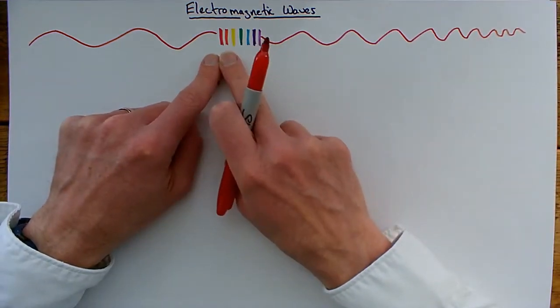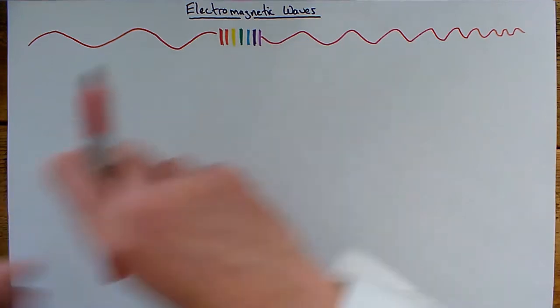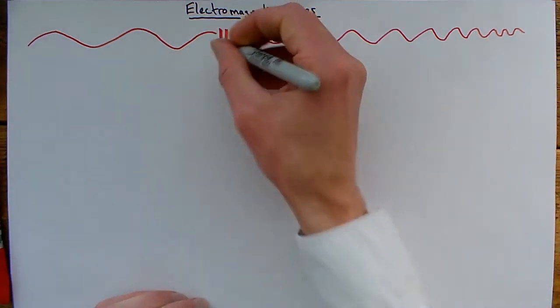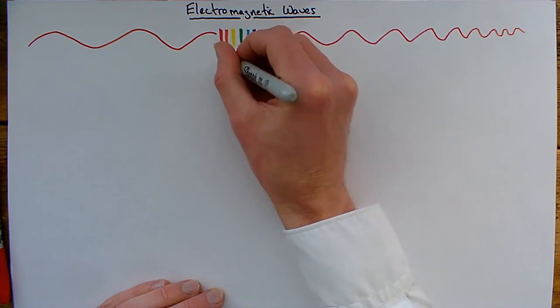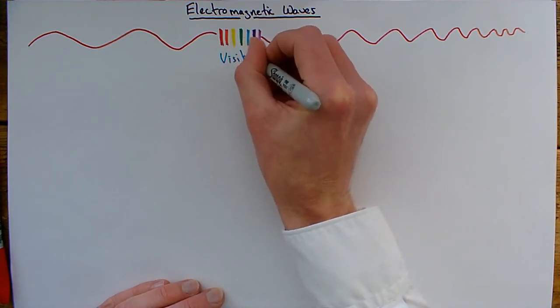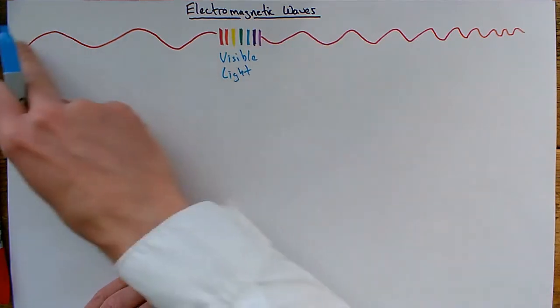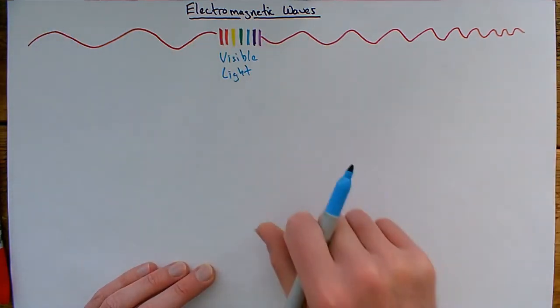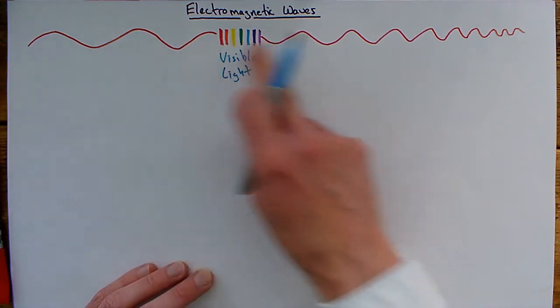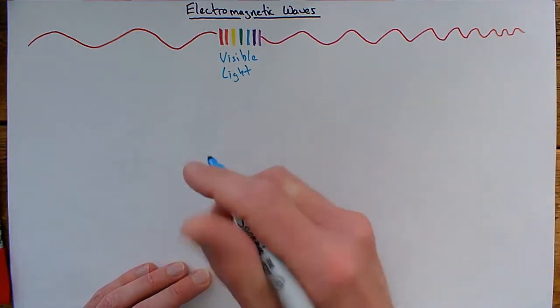But visible light just sits in this range here. So here we have visible light. And that's all that we can see of this whole continuous spectrum of wavelengths, long wavelengths all the way to very short wavelengths. We can see the visible light.